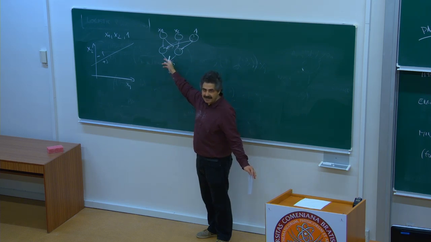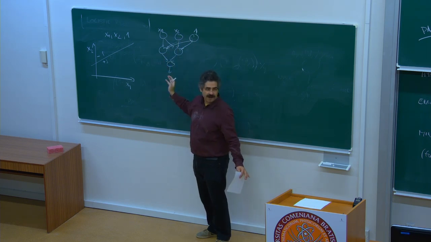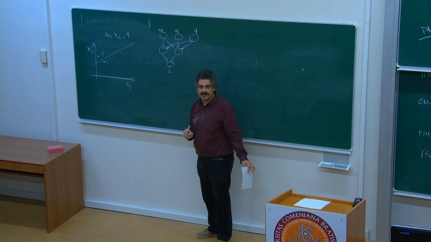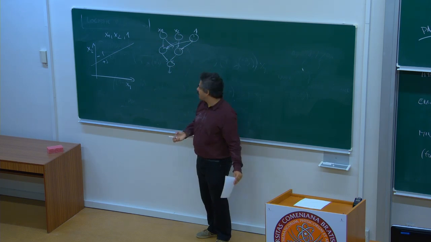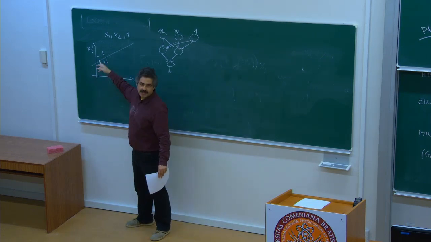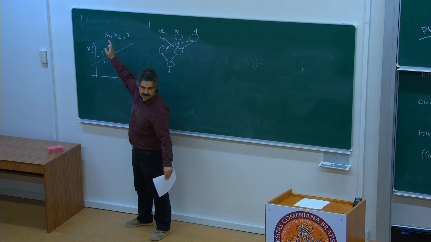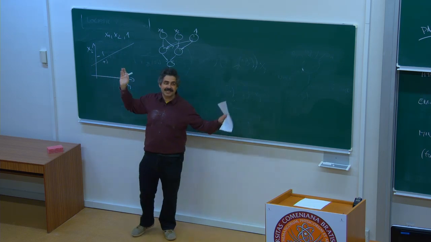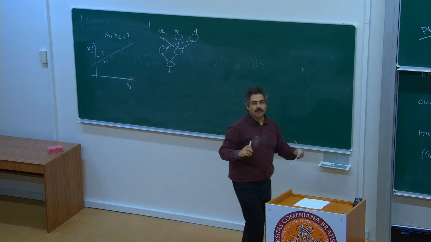This doesn't add anything, it doesn't give me anything new. I already have this particular function in my hypothesis set. So whatever happens, I will never be able to do anything more complicated than subplanes on this plane, one side of the line or the other side of the line. That's it.